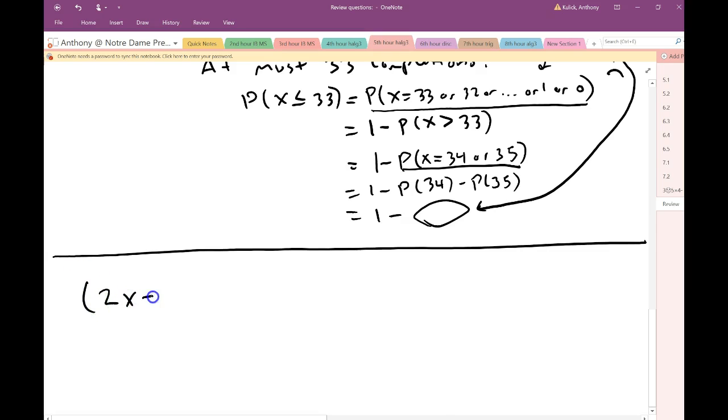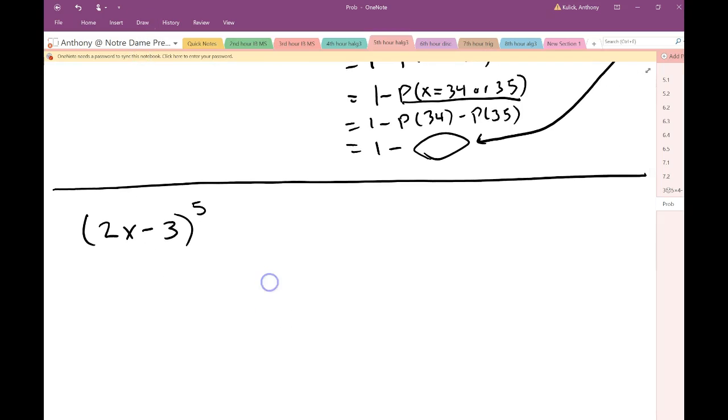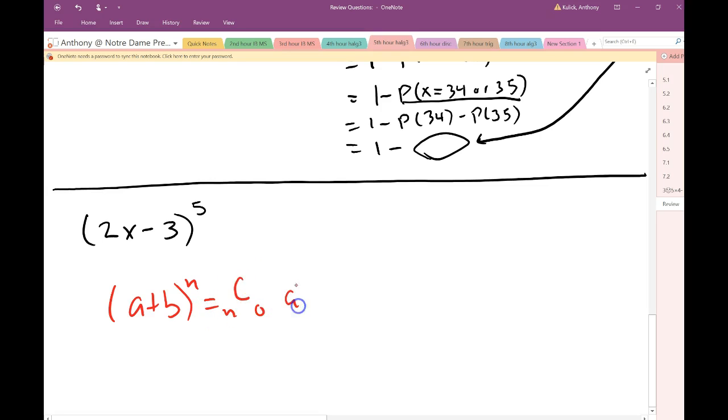Sure. So let's say I ask you to do this. To do the binomial theorem, you need to know the formula for the binomial theorem. So with this formula, the things that are going to change are these three values. The first one and last one increase by 1 each step, and that middle one decreases by 1 each step.